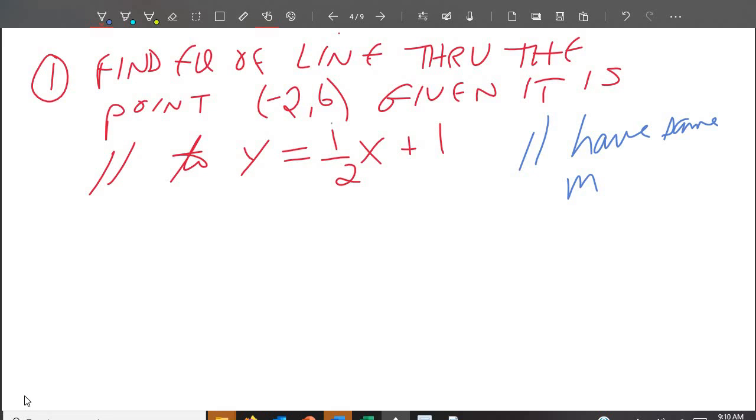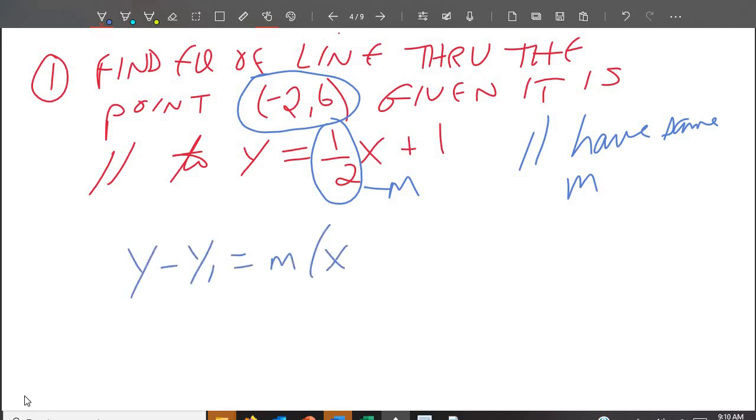Well, in this problem, the m is 1/2. So I've got to take this 1/2 and this point (-2, 6) and write the equation of a line. Remember, it's y minus y1 equals m times x minus x1.